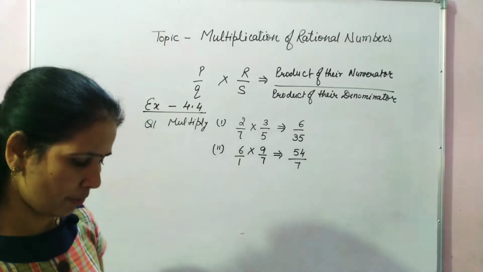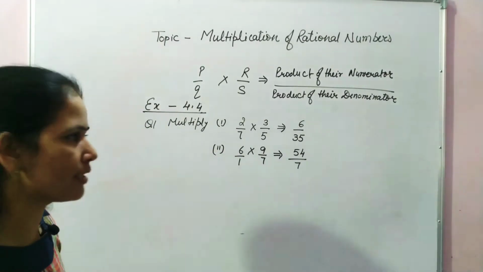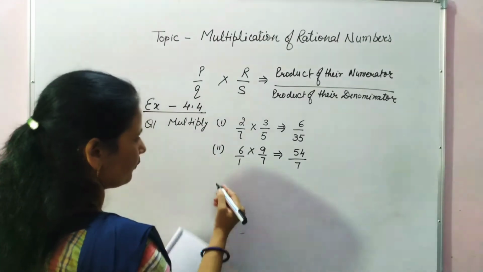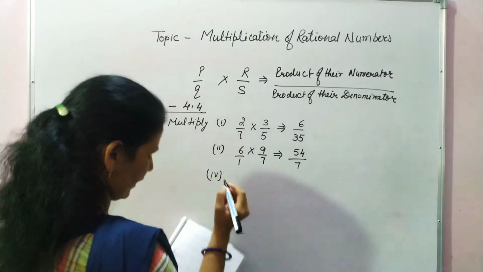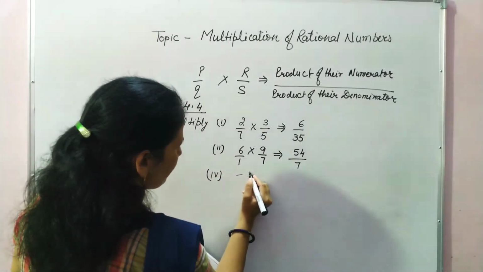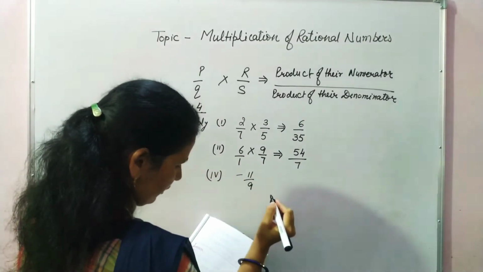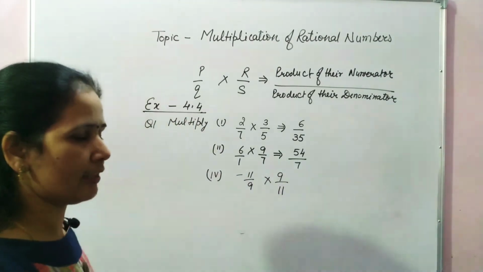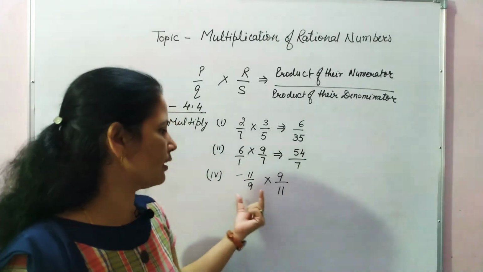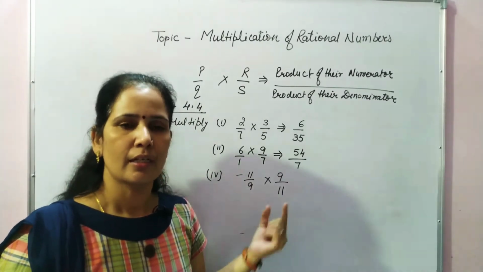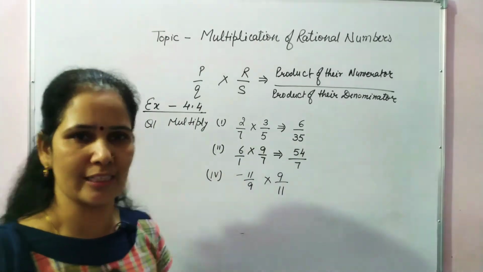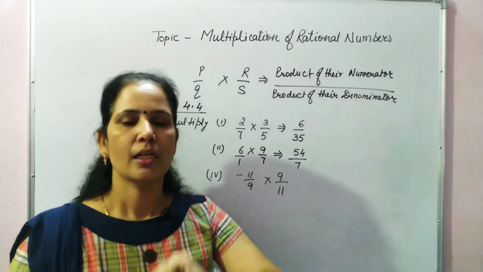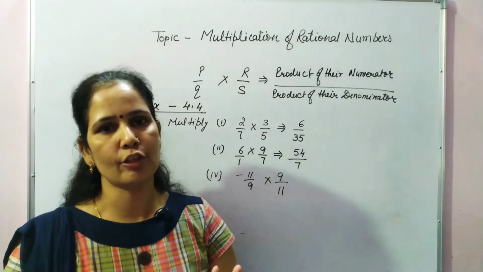If they have given some big numbers, then how to solve? Let's take part number 4. In the fourth part they have given minus 11 by 9 multiply 9 by 11. Student, whenever we multiply a rational number with another rational number, if any number can be cancelled, keep in mind that a numerator can be cancelled by a denominator and a denominator by a numerator.